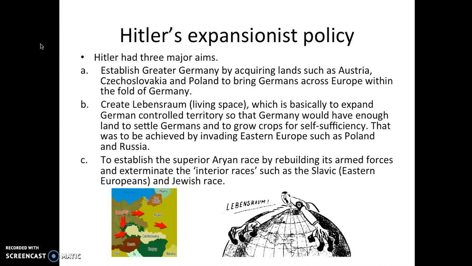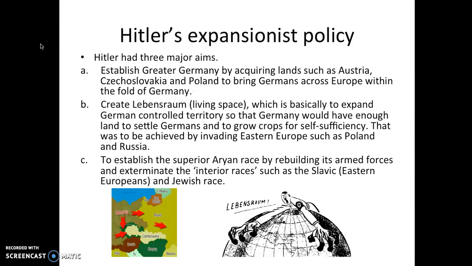The second objective for his expansionist policy was to create a Lebensraum, or living space, that is basically to expand German controlled territories so that Germany would have enough resources to make Germany great again. And the third one would be to establish the superior Aryan race.